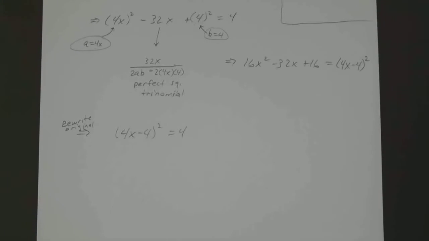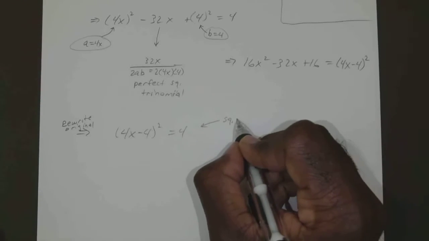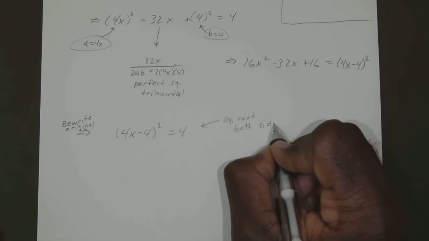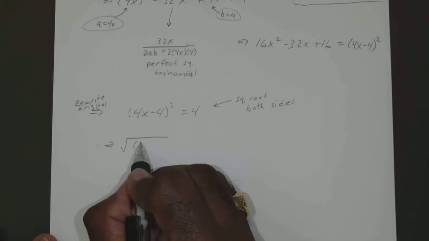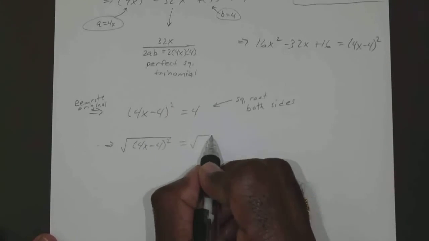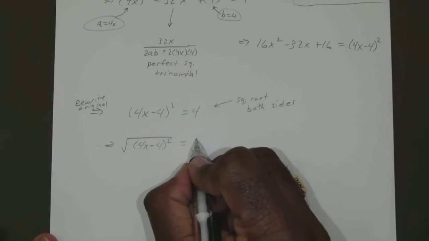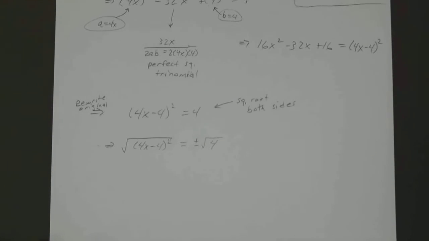Okay, so now we can just square root both sides. Okay, so that gives us the square root of 4x minus 4 squared equals plus or minus the square root of 4. Okay, so you know the square root of 4 is 2, and that square root and square cancels out.